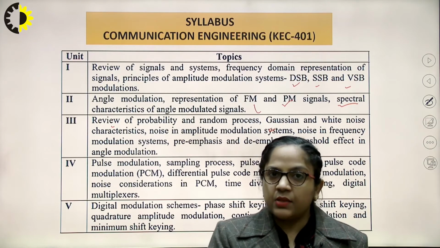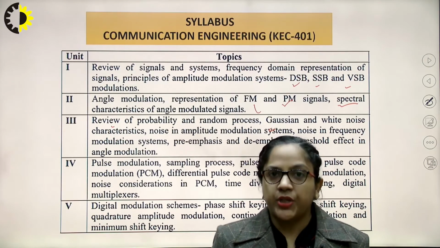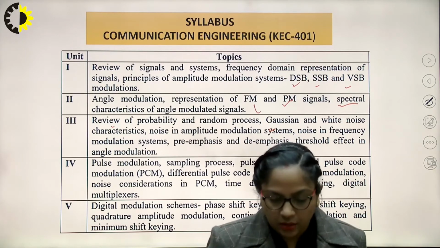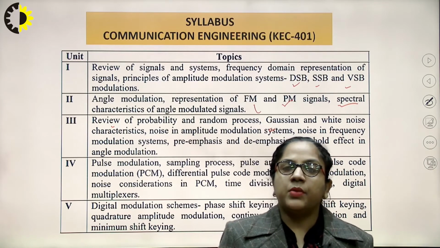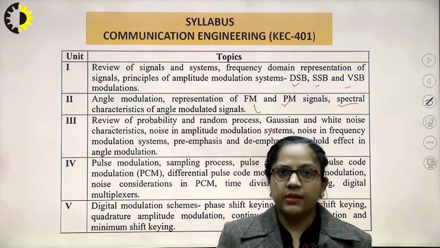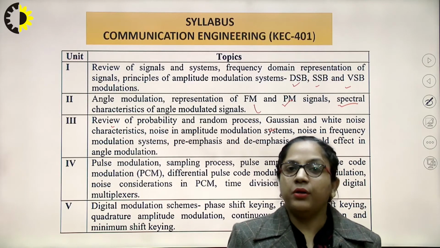But between transmitter and receiver, there is a path that is called the channel that will carry the information. When our signal or our information travels in this channel, some unwanted signals get added to my information, that is called noise.